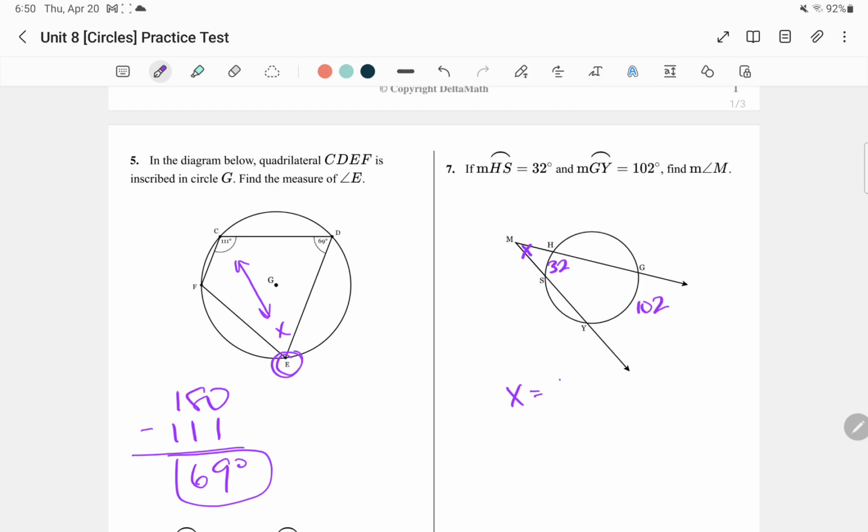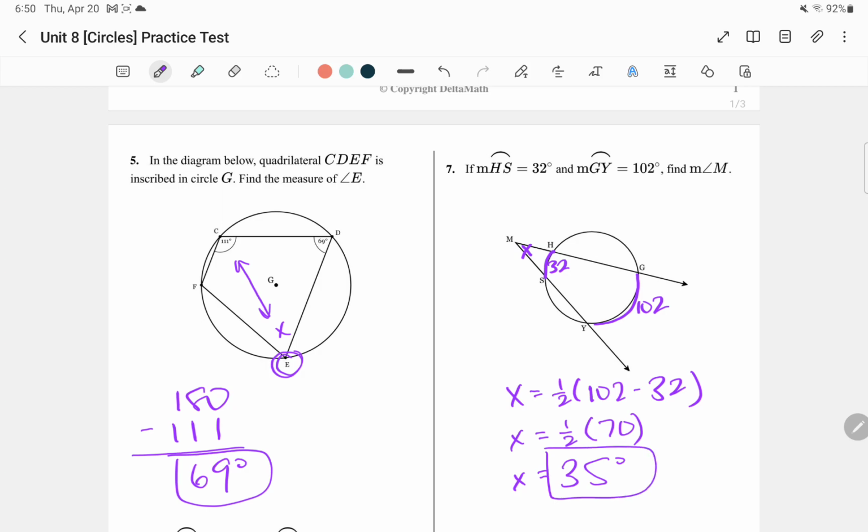So X equals 1/2. I'm going to subtract the outer one minus the inner one. So 102 minus 32. And then 102 minus 32 gives us 70, and half of 70 is 35. Alrighty, we're going to move on.